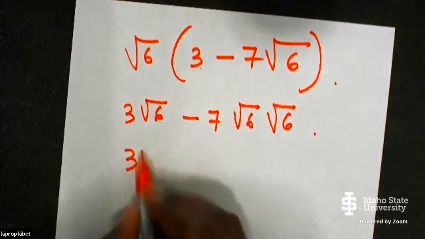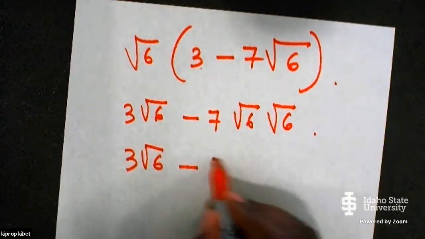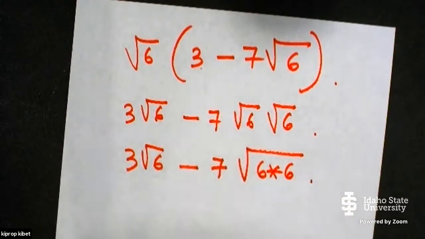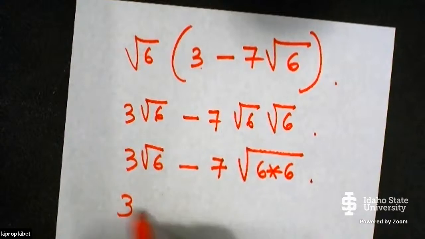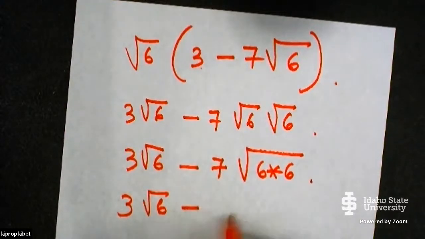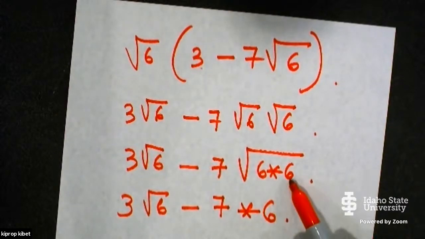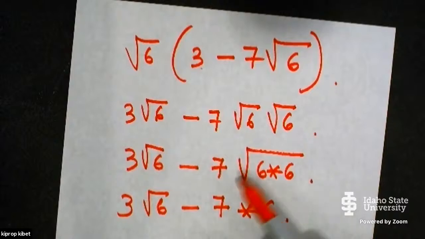So 3 the square root of 6 minus 7 times what? Times 6. So this 6 and 6 are 6 squared. You multiply by the square root. You get this.